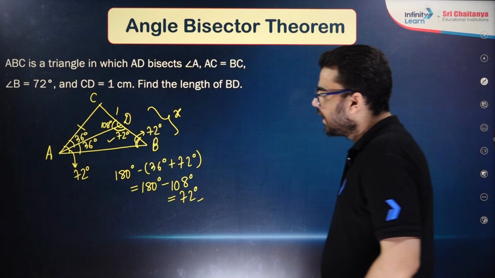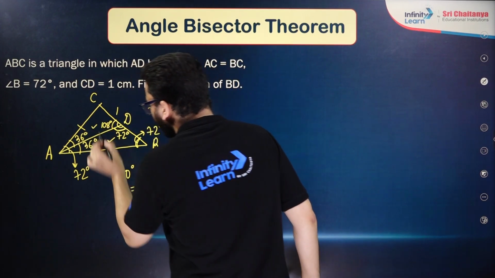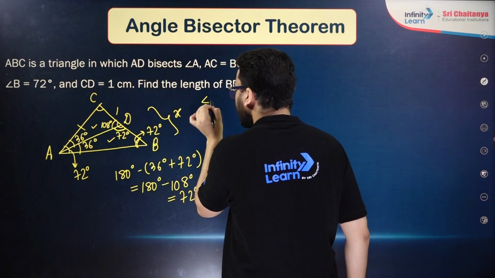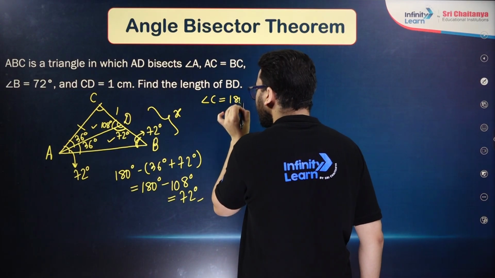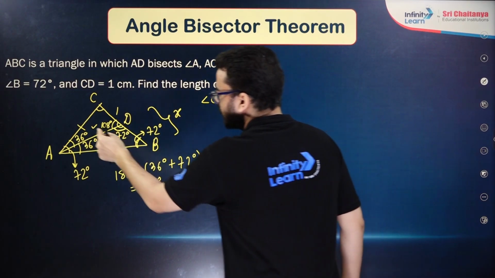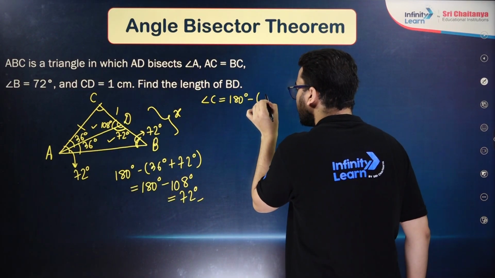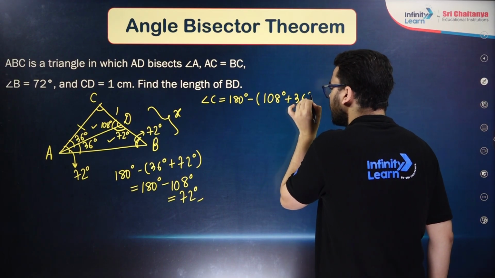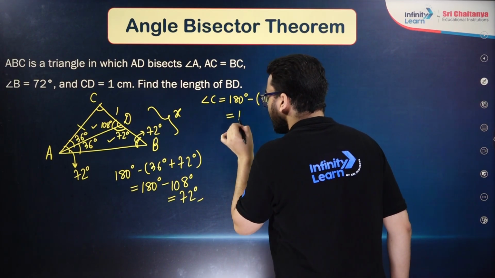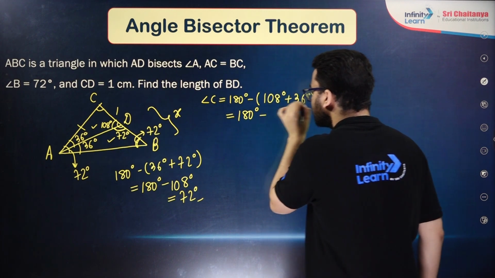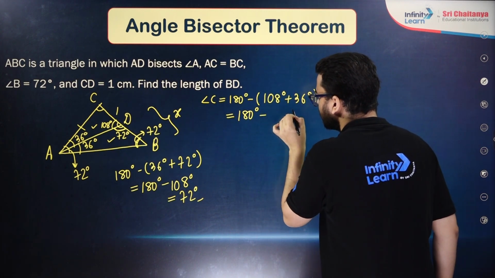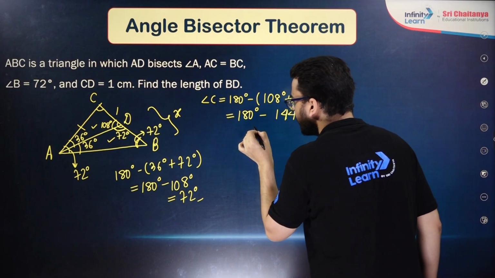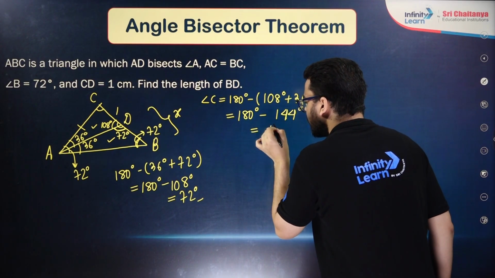Now if you see this triangle over here, what is angle C? Angle C is equal to 180 minus (108 plus 36), so 180 minus 144, which is 36 degrees.